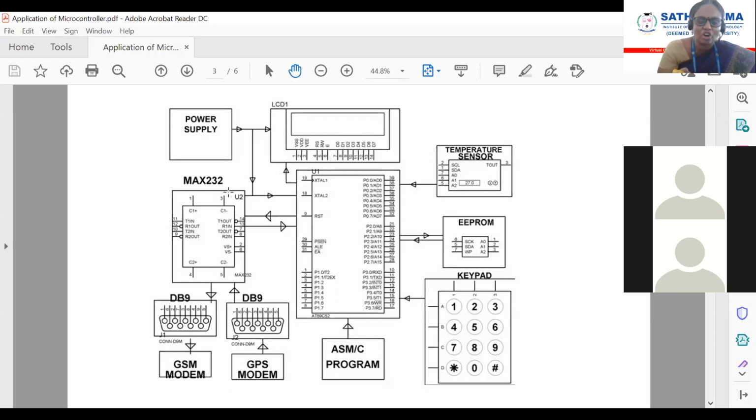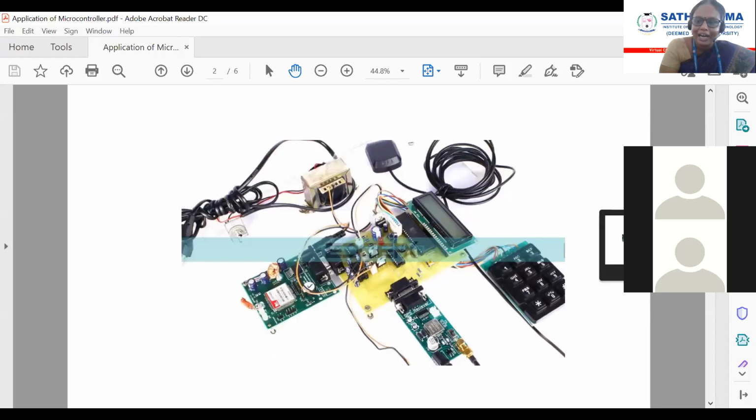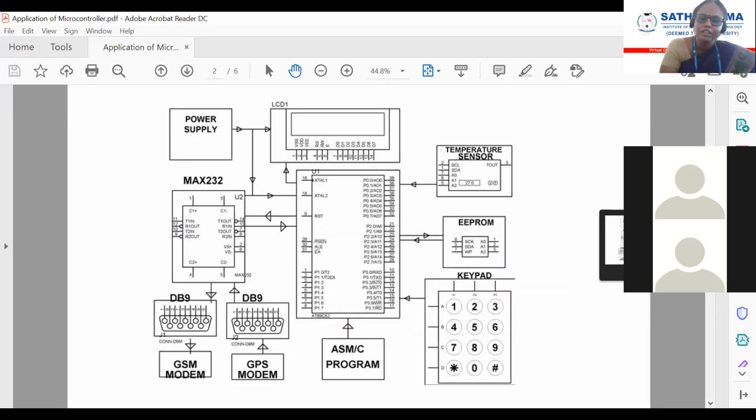Even if the persons inside the car or any vehicle are not in a conscious state, it will identify the particular location, the patient's health condition will also be monitored, and it will be sent to the hospital. That is one of the patents approved by Sathyabama, and many students have done projects in this. So Aarti, you have explained the core of that, but we can add some more sensors to monitor the patient's health condition. Very good, ma'am.